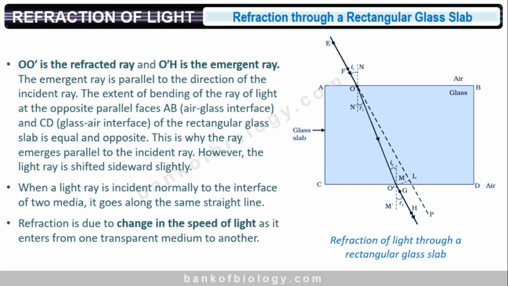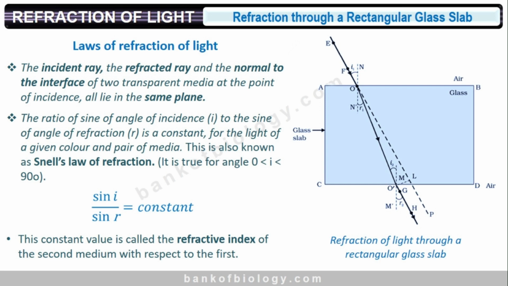When a light ray is incident normally to the interface of two media, it goes along the same straight line. The refraction is due to the change in speed of light as it enters from one transparent medium to another. Laws of refraction of light. The incident ray, the refracted ray, and the normal to the interface of two transparent media at the point of incidence, all lie in the same plane.